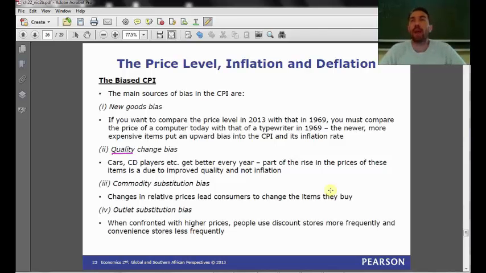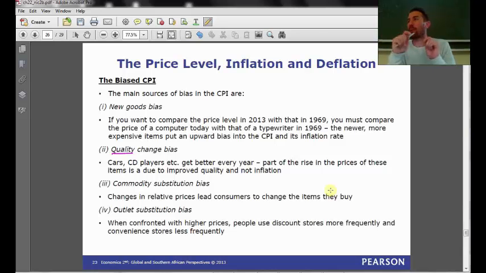So for example, a basic example: if people generally buy tea and coffee, and they're happy to substitute between the two, when the price of coffee jumps because there's a problem with the harvests wherever they farm that stuff, people go, well, hang on a minute, coffee's a bit expensive. I'm just going to buy more tea. Okay? But that's not immediately reflected in your CPI basket.